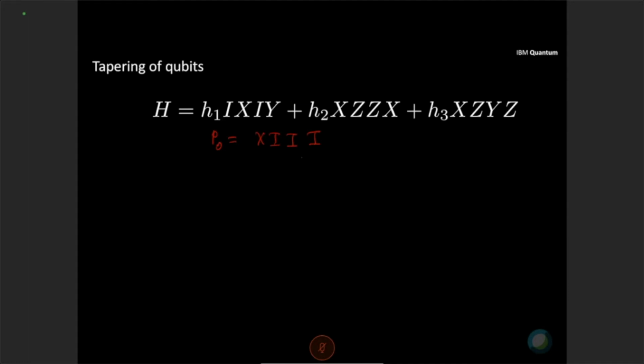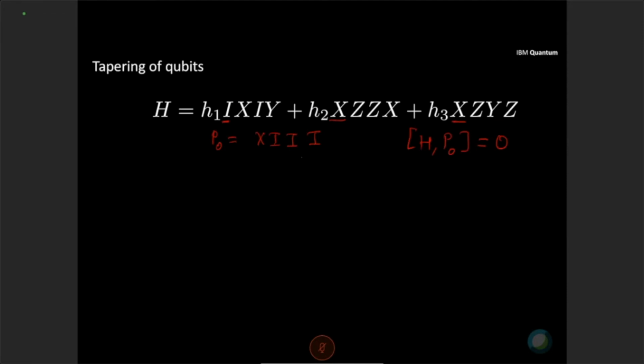By that, I mean that it commutes with the Hamiltonian. Okay? Because if you look at only the first term, you only have basically X or I. Okay? And those commute from Pauli commutation relations.